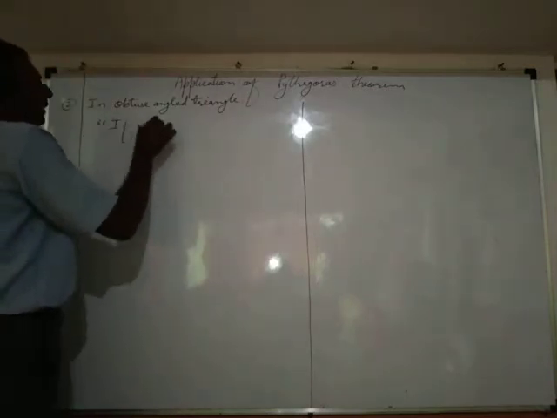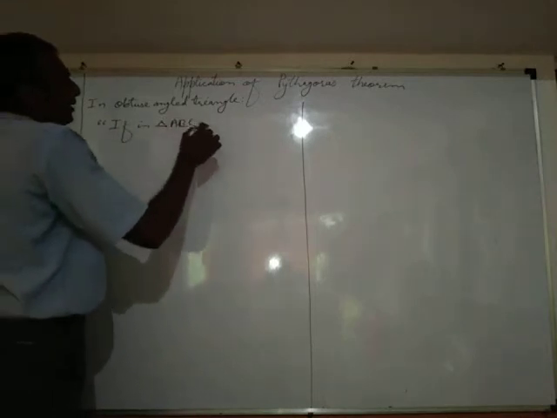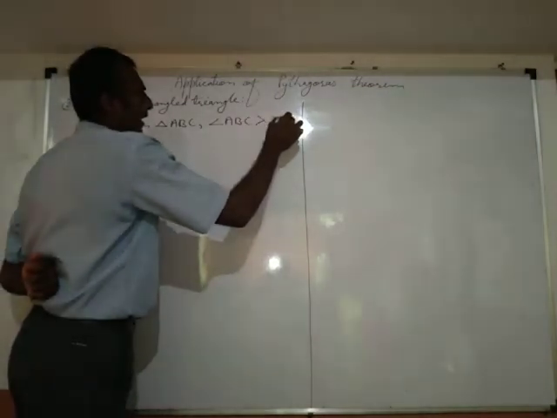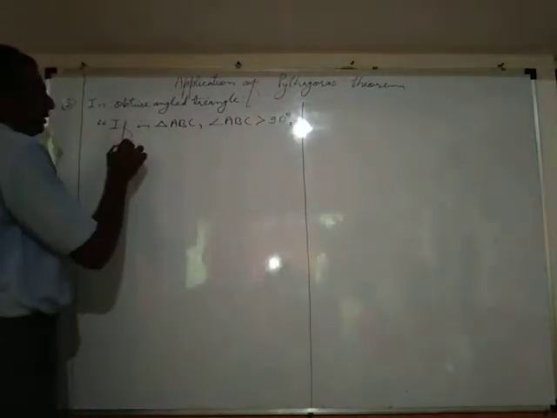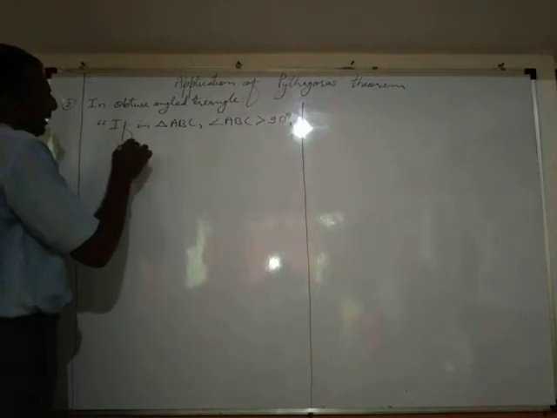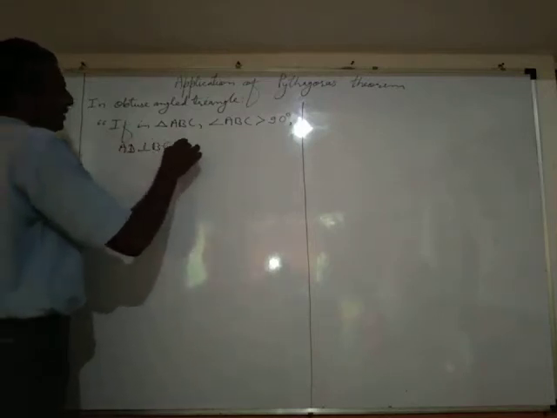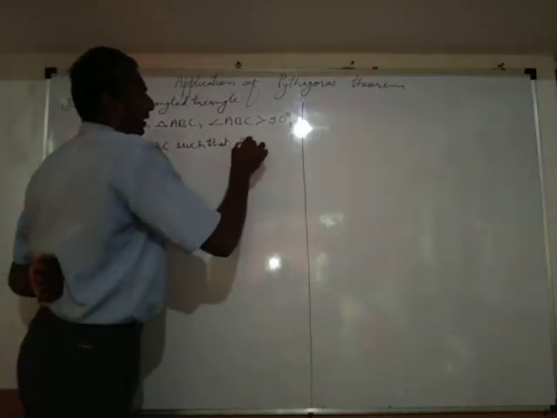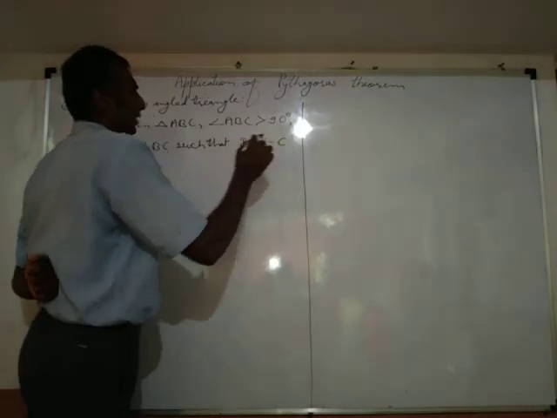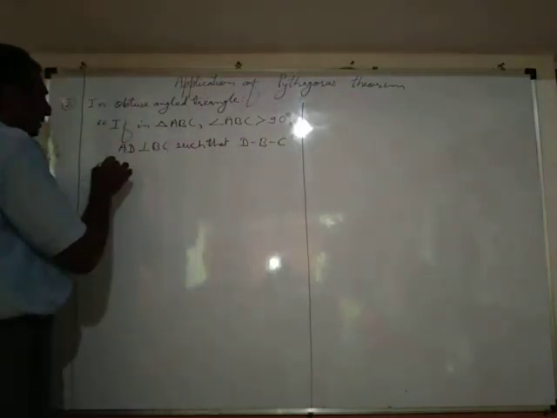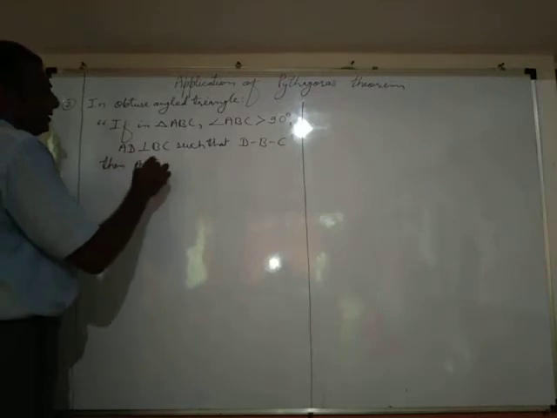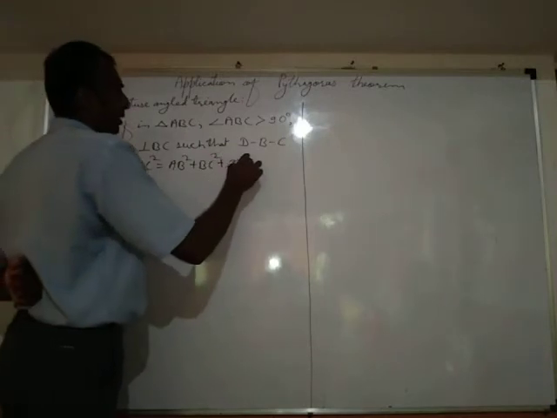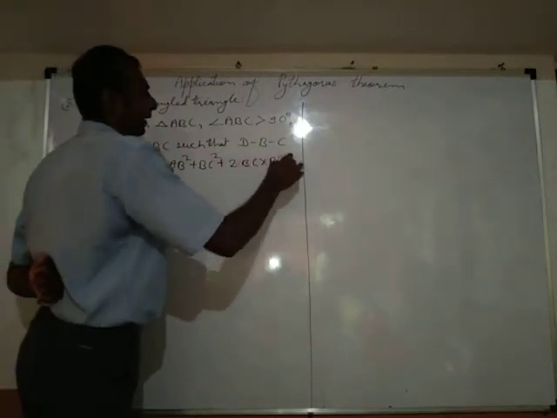Okay, if in a triangle ABC angle ABC is greater than 90 degrees, AD perpendicular BC such that D dash B dash C, then AC square equals AB square plus BC square plus twice of BC into BD.